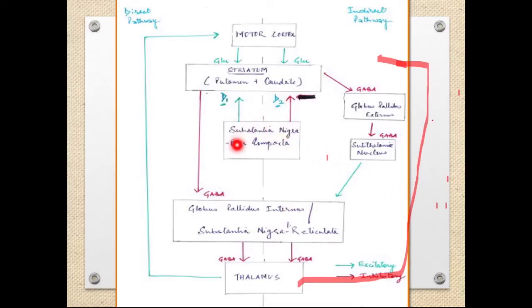So substantia nigra pars compacta, this part of the basal ganglia, has dopaminergic neurons. It keeps on releasing dopamine, and the released dopamine acts on the striatum. It has a connection with the striatum, the nigrostriatal connection, and it can act either on the D1 receptor or the D2 receptor.